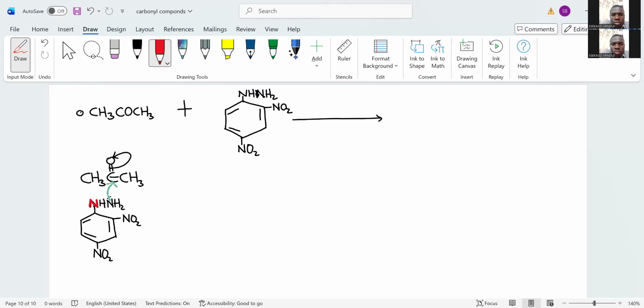So after that, what do we have? The chemistry doesn't change. It is the same chemistry. We have CH3. This is now a single bond with oxygen, and there is a negative. The carbon carries CH3. That oxygen has a negative charge.